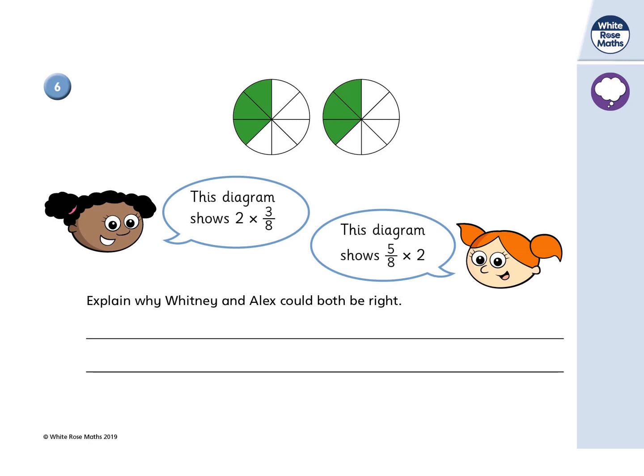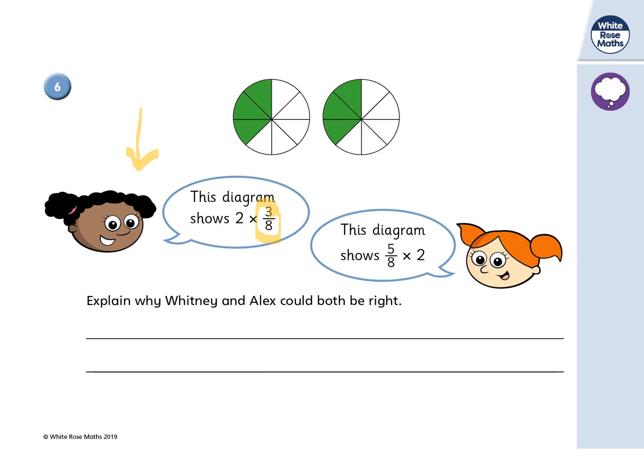Let's see. Explain why Whitney and Alex could both be right. Okay, Whitney on the left side says this diagram shows 2 times 3 over 8. However, Alex said this diagram shows 5 over 8 times 2. We have the total of the pie as 8, right? But this is only 3 slices. Okay, and both of them 3 over 8.